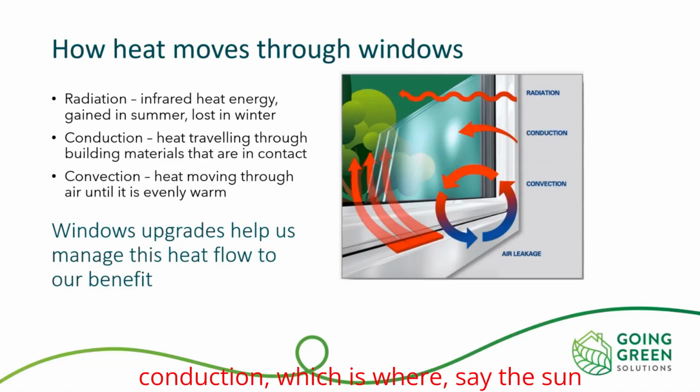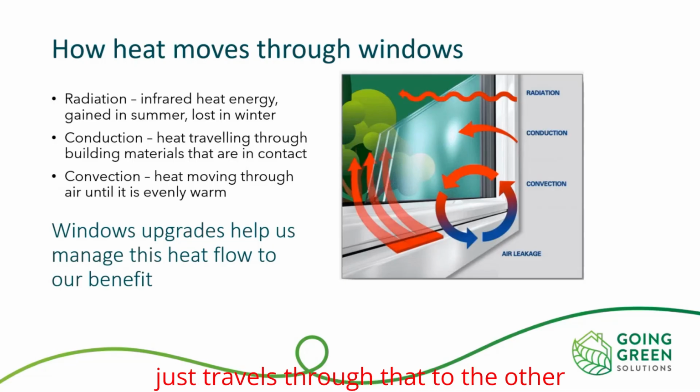Also by conduction, which is where, say, the sun shines on a window frame that is metal or on window glass, and it just travels through that to the other side, and then it gets picked up by a convection current of air. So don't worry too much about these terms if they're confusing, but for some of you that might be interesting to know that's what's going on.